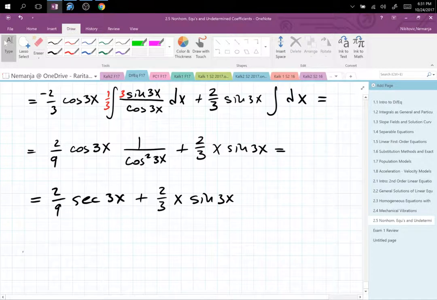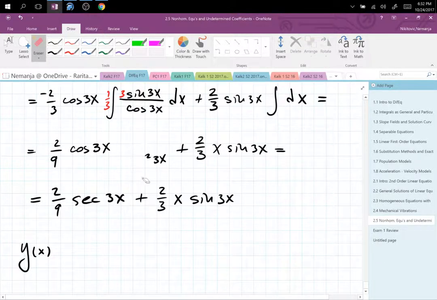Wait, isn't that 2/9 ln cosine 3x? Wait, because it's 1 over u. Yeah, that's an ln. Don't act like you got that. I did. I just didn't want to speak up because I thought it was wrong. Three times 3 on top.